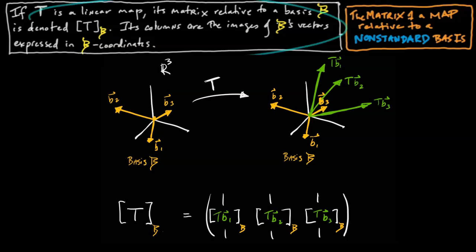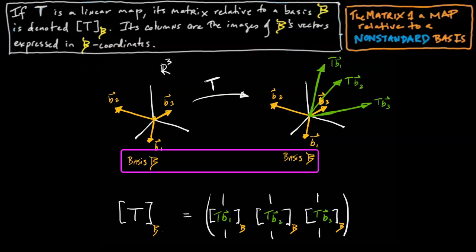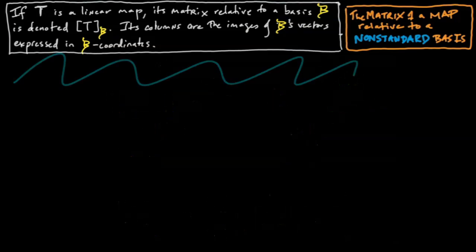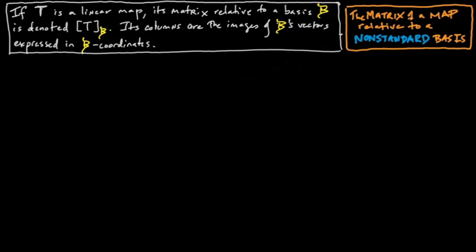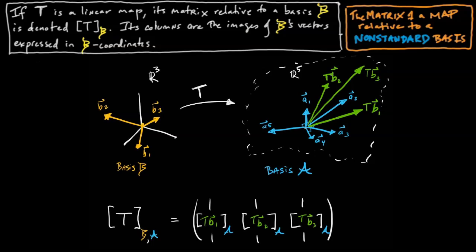After all, in the situation I'm describing here, we're using the same basis for the input space and the output space. Now, you can generalize this to cases where that's not true, like if you have a map from R3 to R5, but then you would have to talk about the matrix of that map relative to a particular basis of the input space and some other basis of the output space. It still works basically the exact same way.